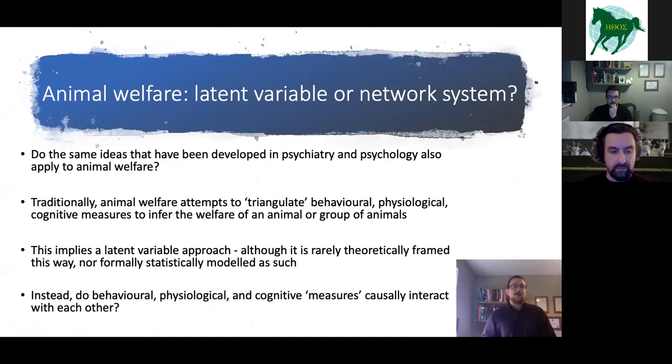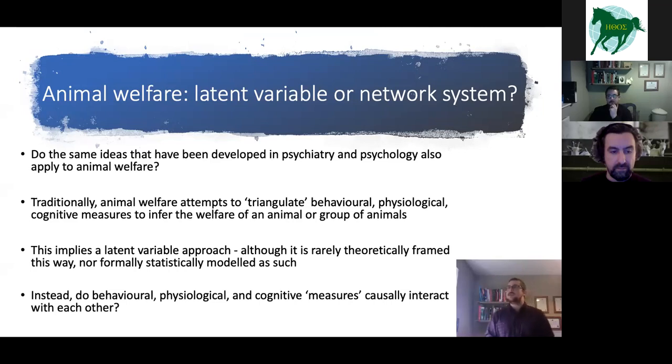So, thinking about animal welfare, are we dealing with latent variable systems or network systems? Do the same ideas that have been developed in psychiatry and psychology also apply to animal welfare? Traditionally, as we're all familiar, when thinking about welfare, we try to triangulate behavioral, physiological, and cognitive lines of evidence to infer something about the welfare of an animal or group of animals.